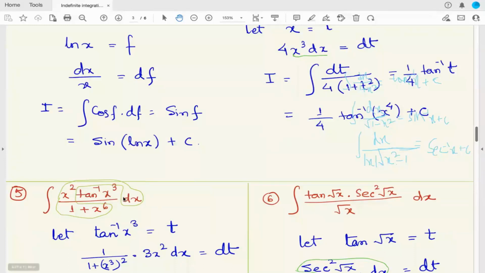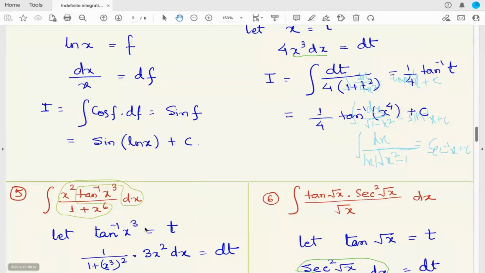So if we substitute tan inverse of x cube as t, what do we get here?